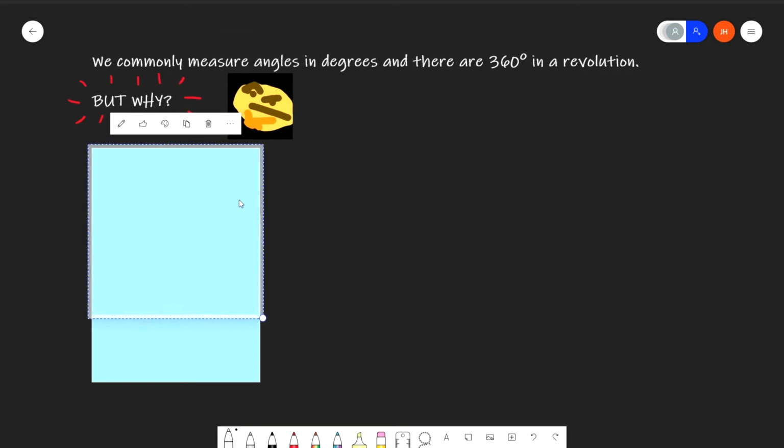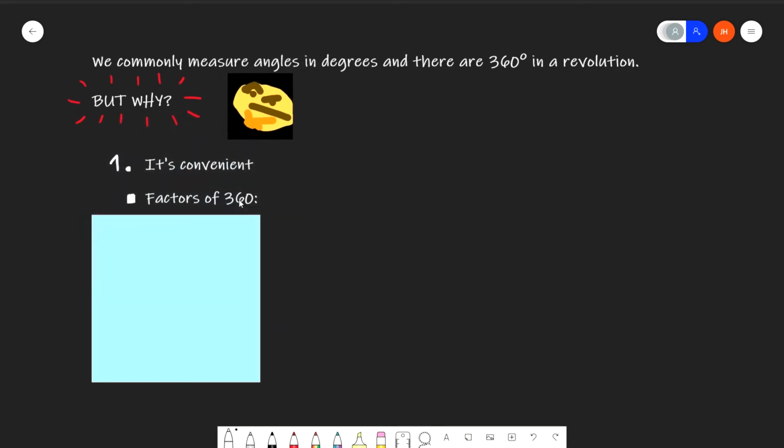The first reason is that it's convenient. It just so happens that 360 degrees is a number with many factors. In fact, 360 degrees is divisible by the number 1. It's divisible by 2. It's divisible by 3. It's divisible by 4, 5, 6, not 7. It's not divisible by 7, unfortunately, but it is divisible by 8. It's divisible by 9, and so on. 10, 12, so on.